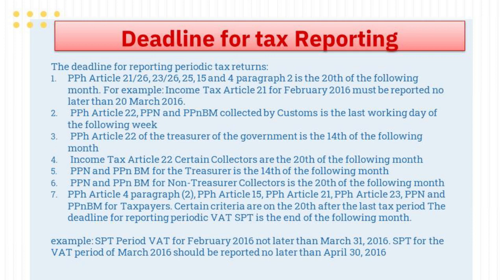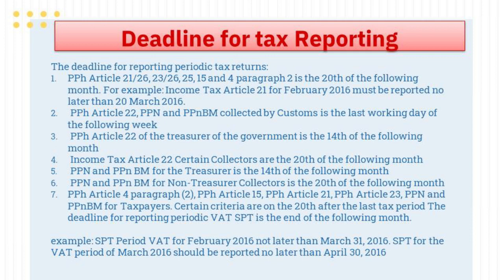Number 7. PPH Article for paragraph 2, PPH Article 15, PPH Article 21, PPH Article 23, PPN and PPNBM for taxpayers with certain criteria are only 20 after the last period.